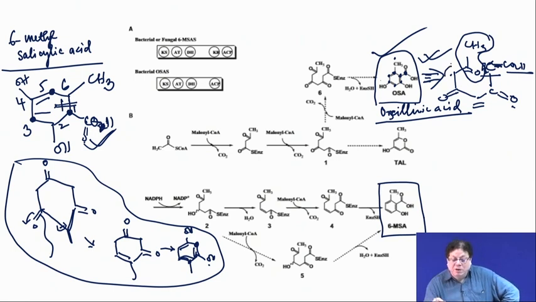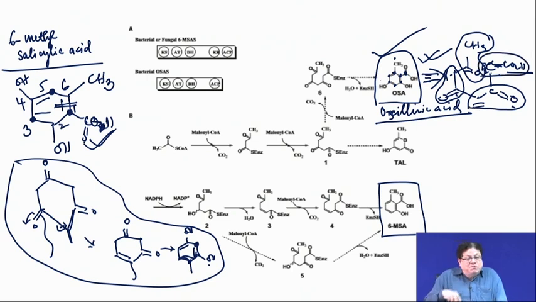What is the extension unit? A malonyl. So, how many malonyl units are there? This is one, this is another and this is another. That means there are 3 cycles of reaction that have taken place, that Claisen condensation, followed by other enzymatic reactions.